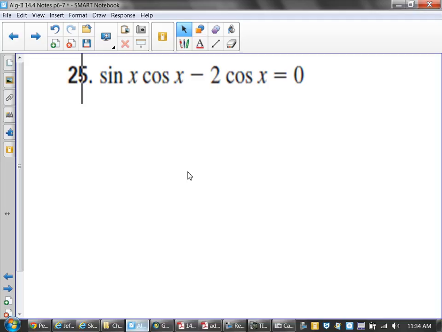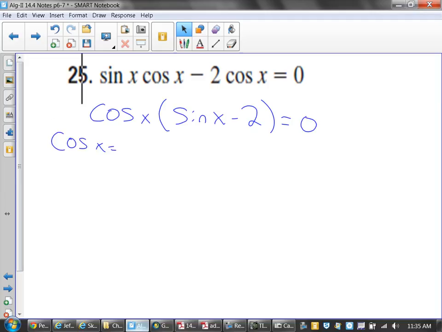So let's factor cosine out. And I get that, don't I? I have two terms equal to 0. Cosine of x. Sine of x.